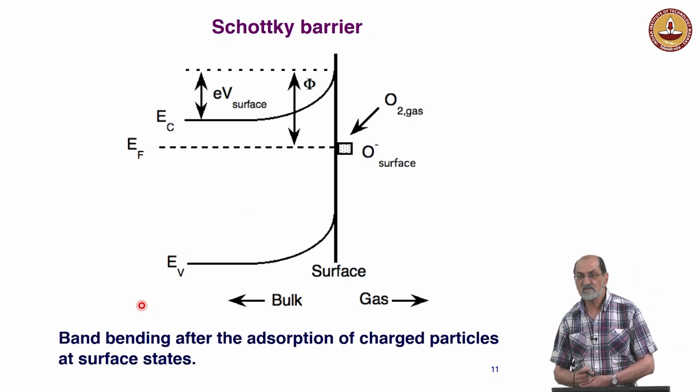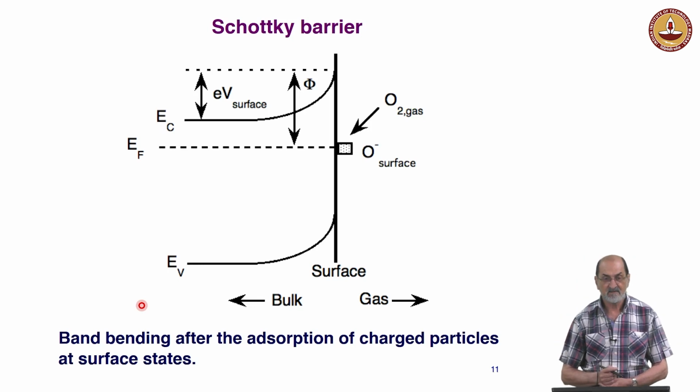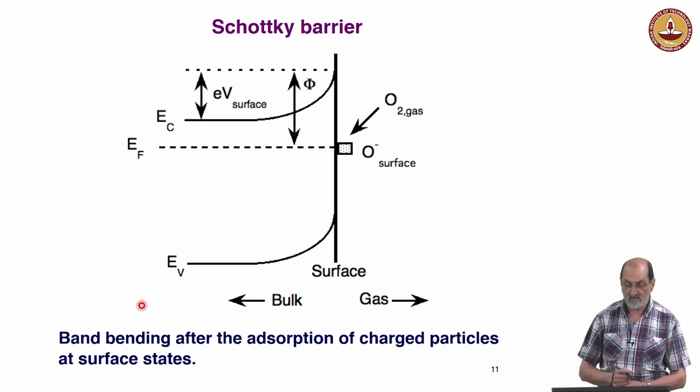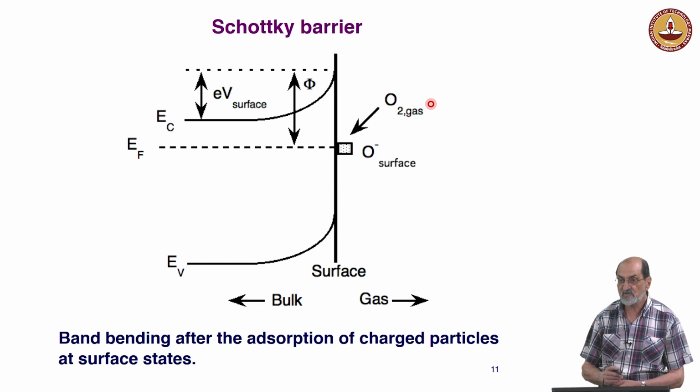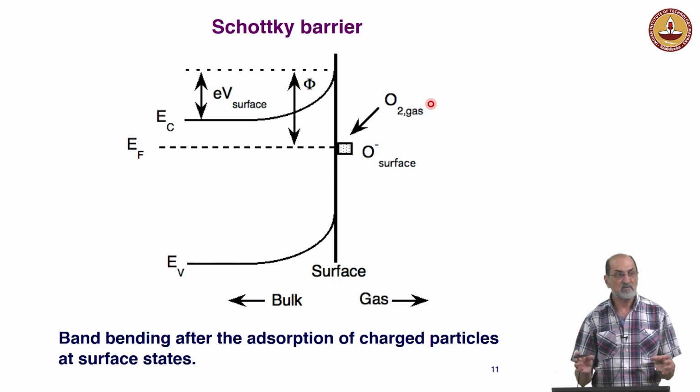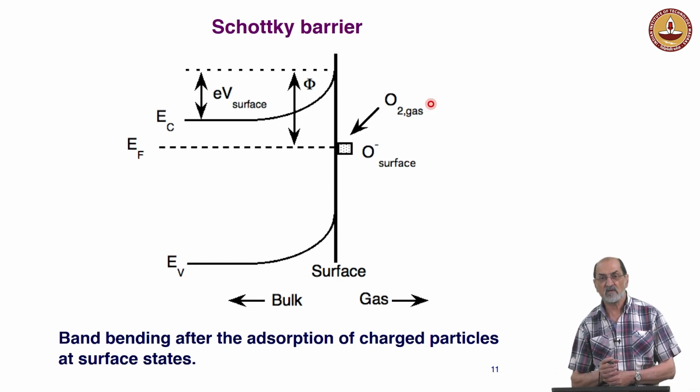So we are going to see this picture many times. This is the situation. This is the surface of the semiconductor. We have the oxygen which was adsorbed on the surface. We are considering that the molecule of oxygen dissociates into oxygen atoms. That's what people accept.